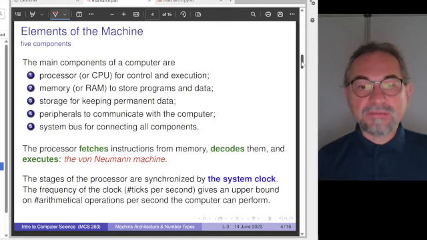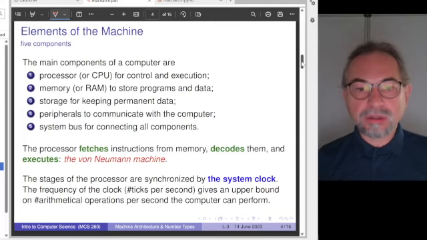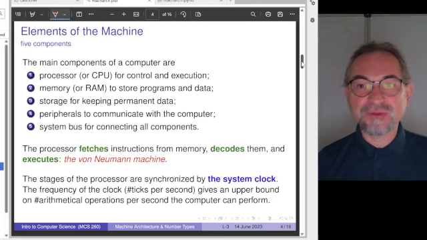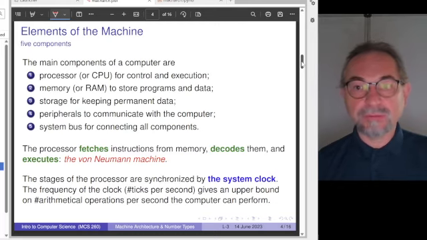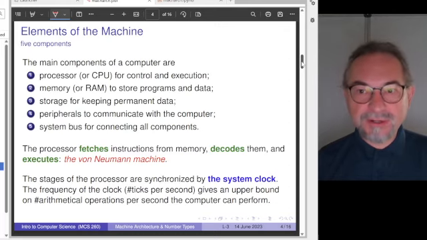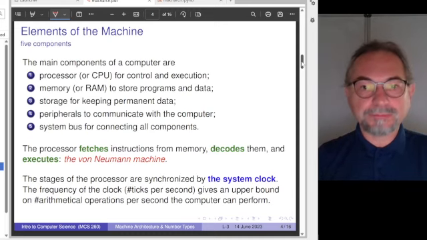The frequency of the system clock determines the speed at which the computer operates. So the first exercise for this lecture is to figure out the specifications of your computer and interpret this, write this in your own words.